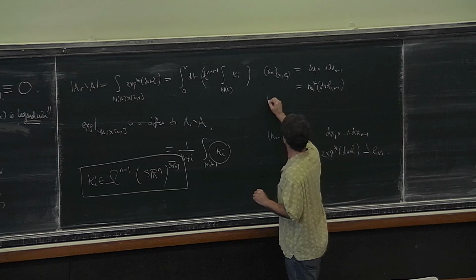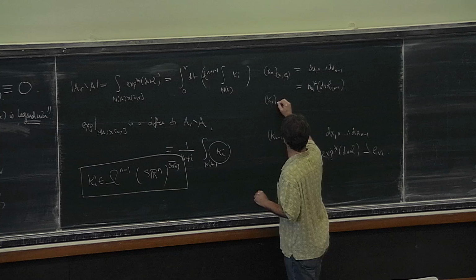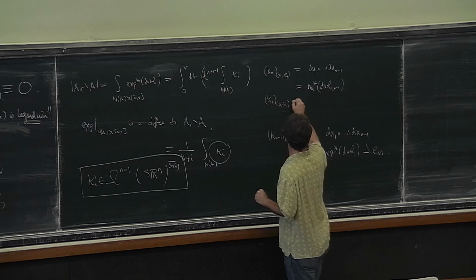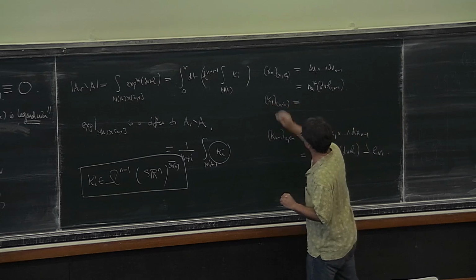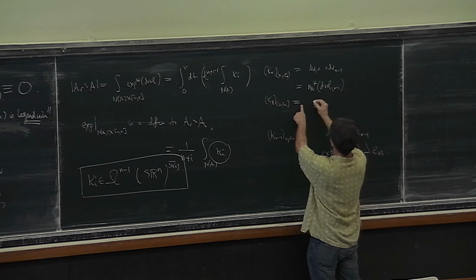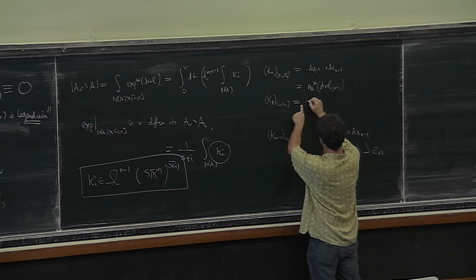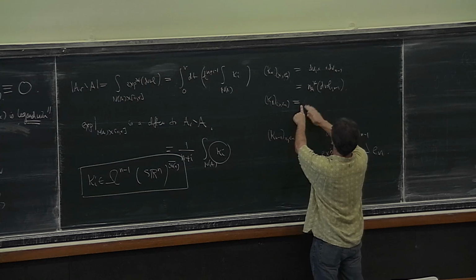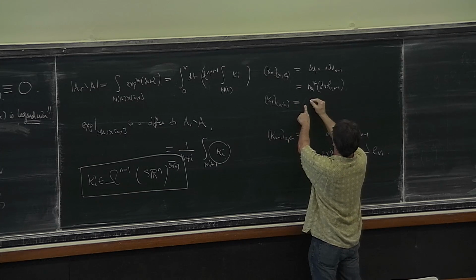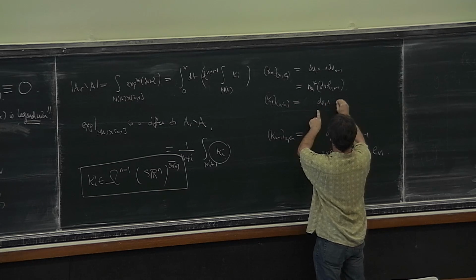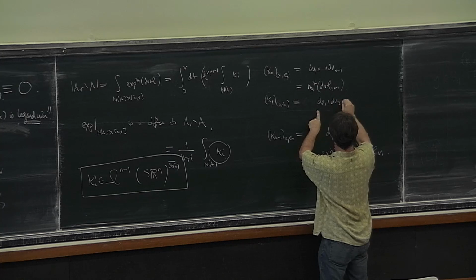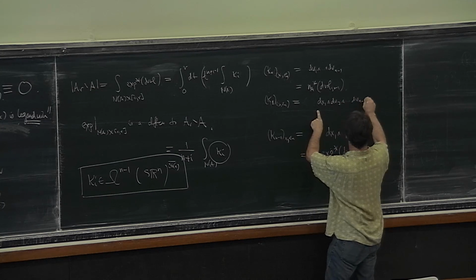And then what happens in between? Well, somehow in between you sort of mix and match these guys. So I'm going to take dx1 wedge dv2 all the way out to dvn minus 1.